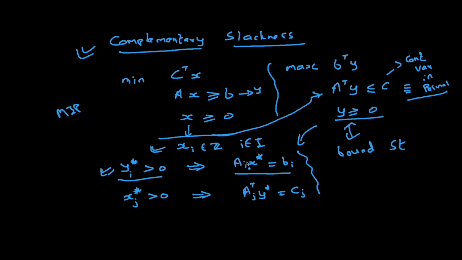Okay, similarly, if we find something like this happening in our dual, let's say not exactly this, let's say this part, A j transpose y star, is strictly less than Cj.